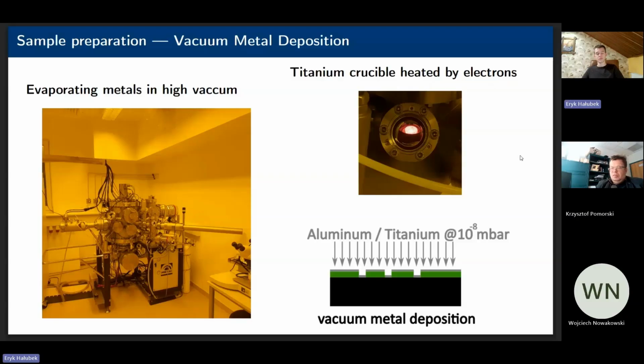But with titanium, it is recommended to use rather higher values of evaporation rates, around 1 nanometer per second, because titanium is really reactive. And even if you have really good vacuum, that is, let's say, 10 to minus 10 millibar, even then some remaining oxygen that is present in the chamber can interact with titanium and form oxide layers.